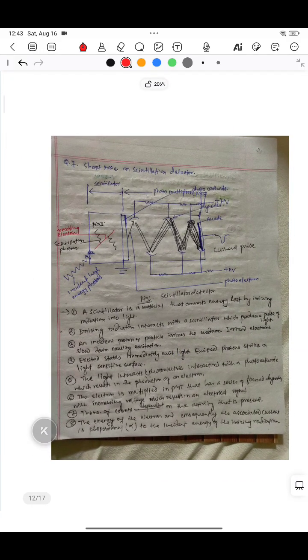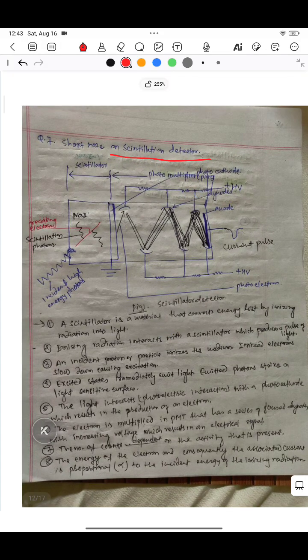Write down scintillation detector. Before we start, we will look first at the figure. This one is basically the scintillator, and this one is the photomultiplier tube. First we look at the scintillator.